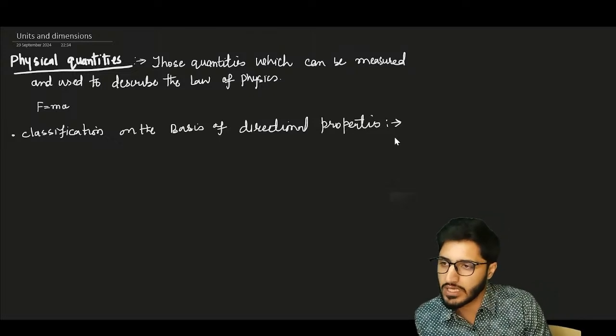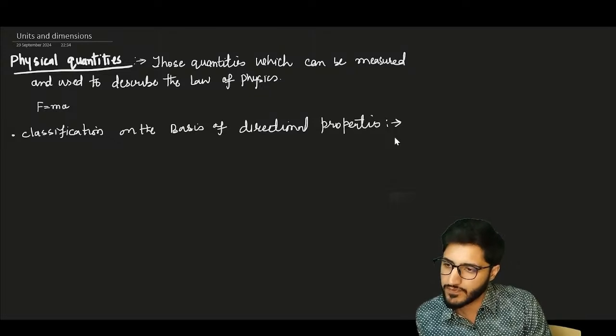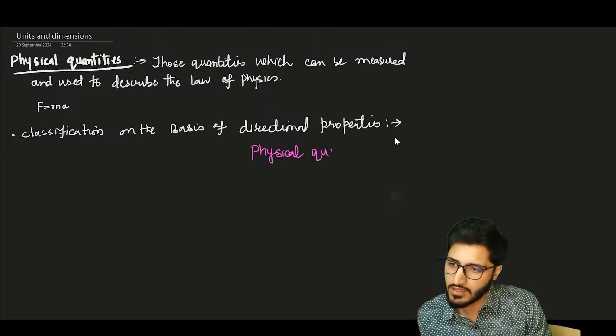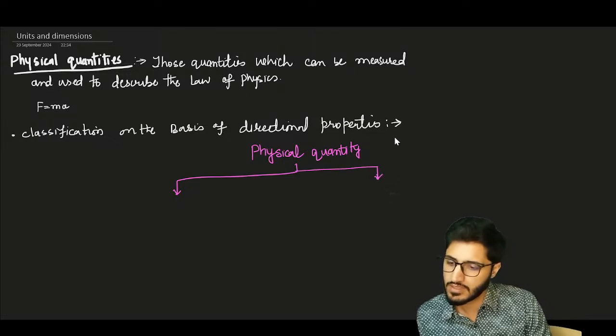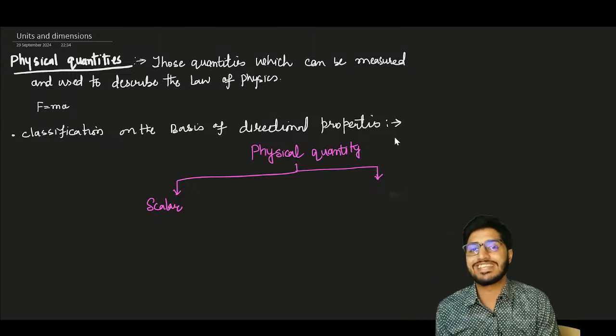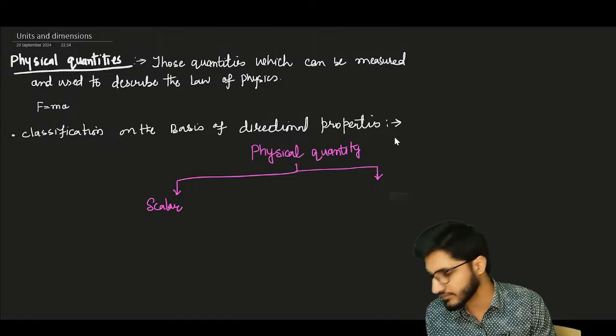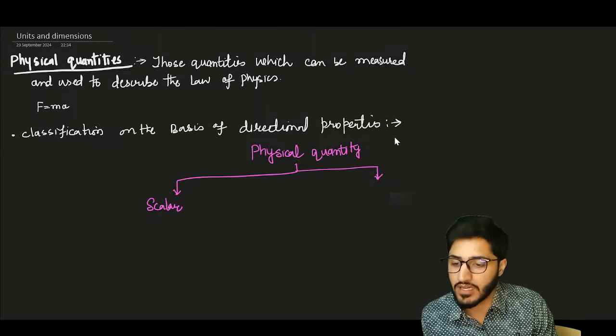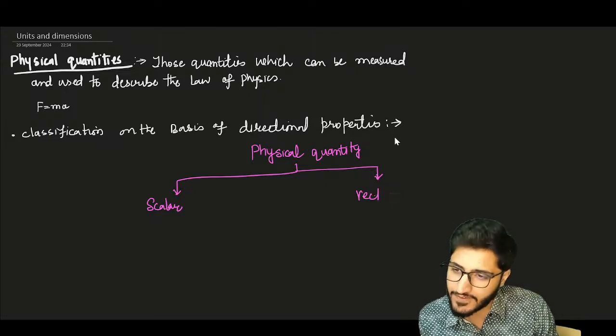That means some physical quantities, one type is known as scalar physical quantity, and second type is known as vector physical quantity.